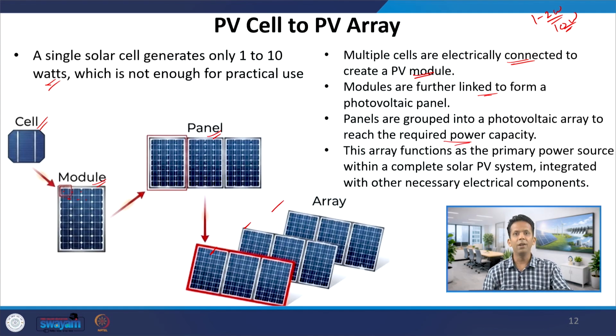It is this PV array which functions as the primary power source. In a complete solar PV system integrated with other components, this array acts as the primary source of power, capturing solar energy and converting it into electricity.